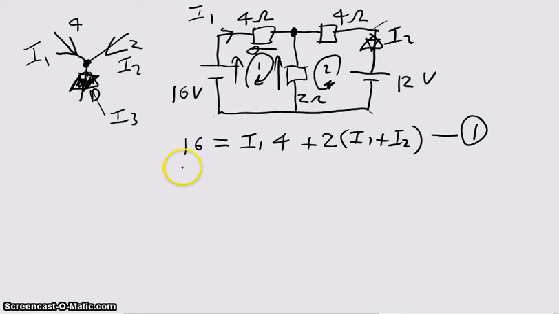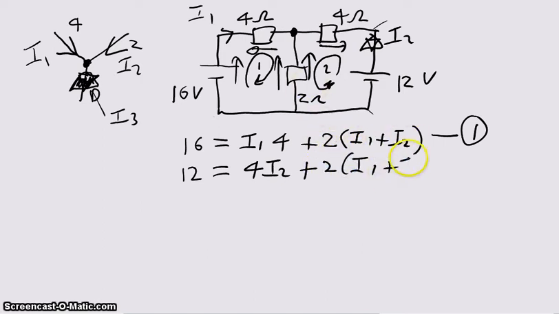Now loop number 2 is going to be 12 equals 4I2 plus, so that's that voltage there, plus the voltage across here, which again is the same as it was before. It's going to be this value again, which is 2 times I1 plus I2. And that's equation number 2.